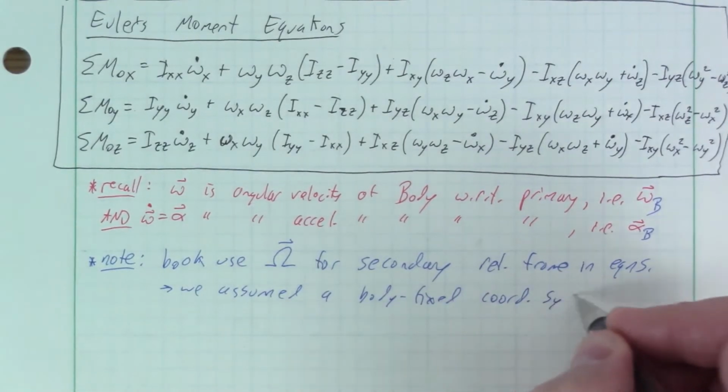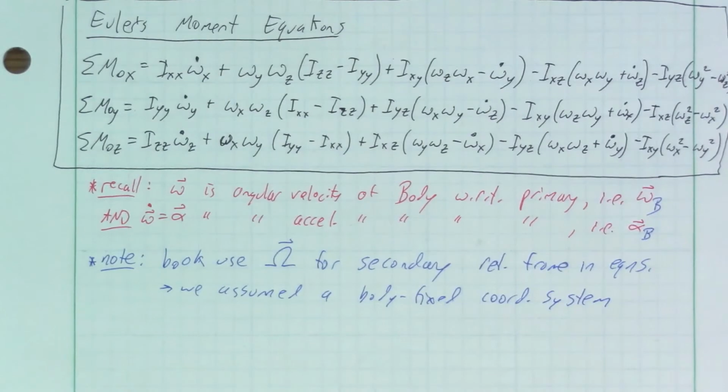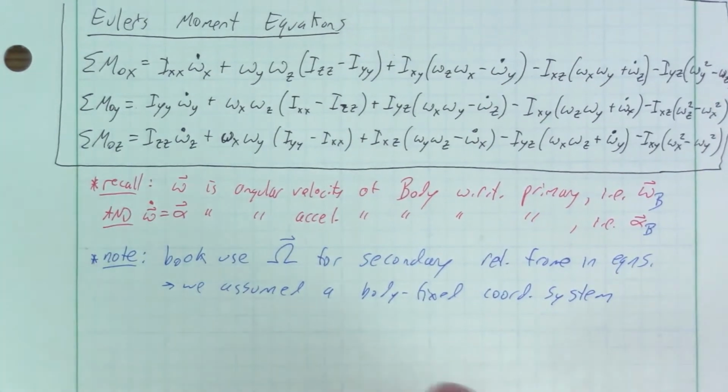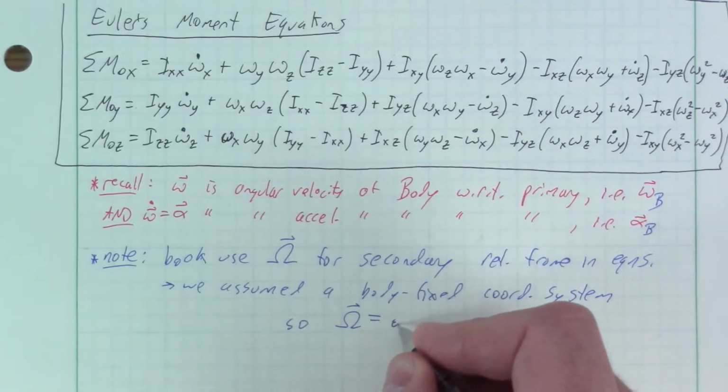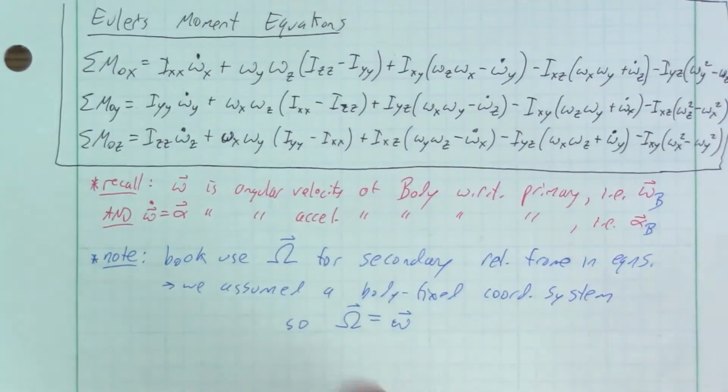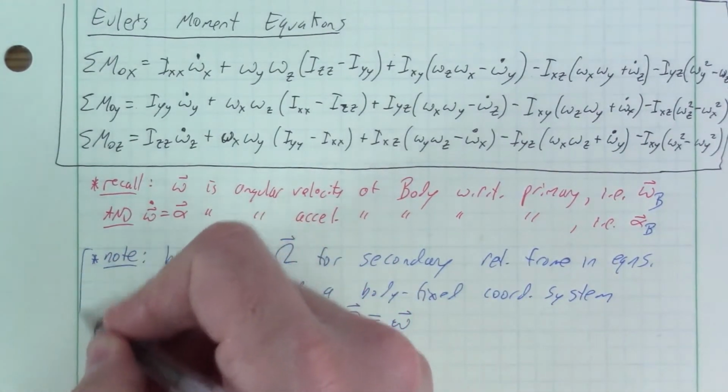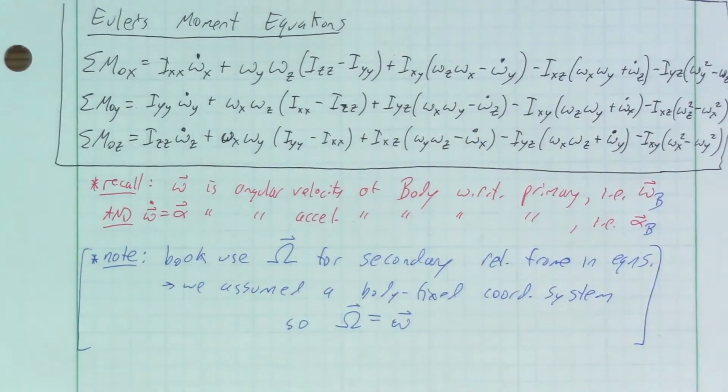So the coordinate system we use, that secondary reference frame, is affixed to the body. So we've already assumed that these two things are equal, and you would need to do that in order to use the book's equations. Okay, make sense?